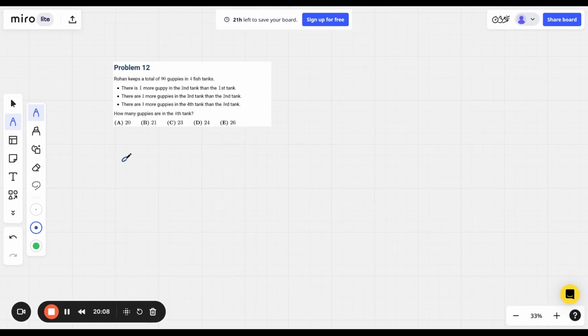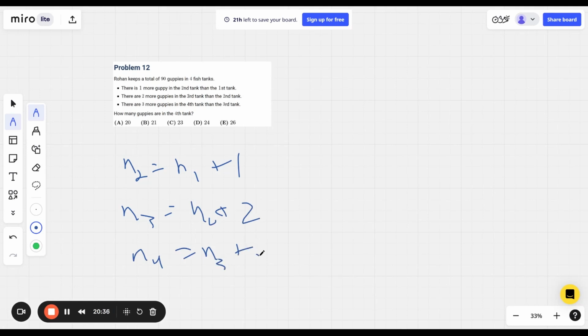So let's just do everything. This is actually similar to the problem that we did about the marbles. You just want to write everything in terms of the copies in the first tank. So I'll just say n2 equals n1 plus 1, n3 equals n2 plus 2, n4 equals n3 plus 3.